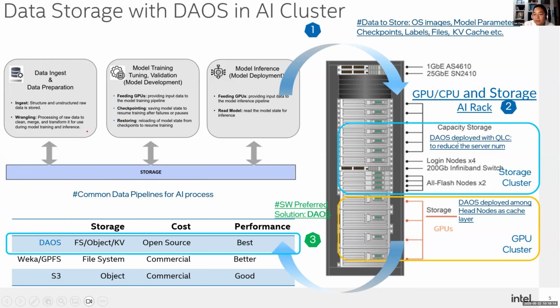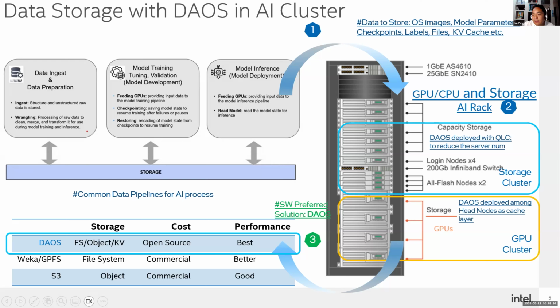As the requirement, we put an example here. You can see from the right side a brief example of an AI cluster, a GPU cluster. You can see we put two storage systems here. One is among the head nodes.